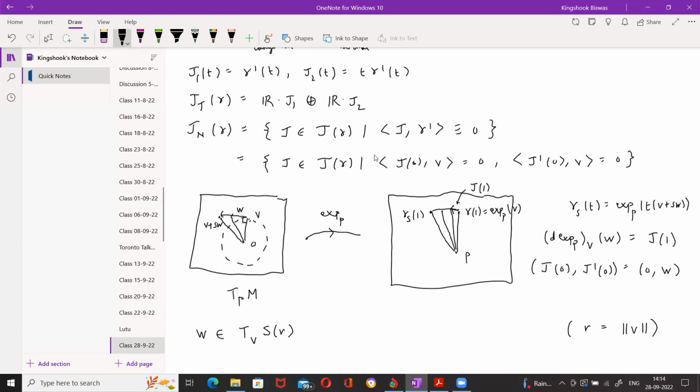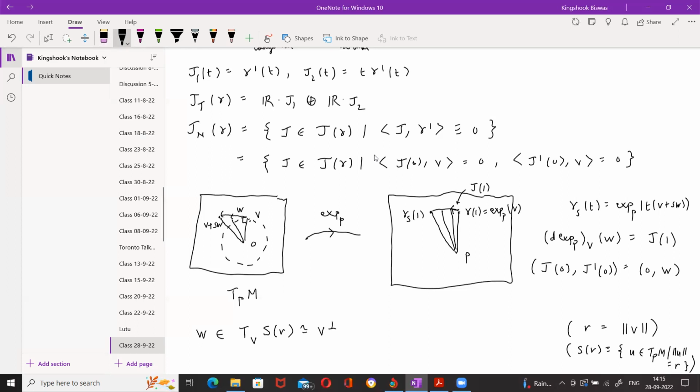Okay, so this sphere of radius r, S_R, is the set of U in T_pM such that norm U is equal to R. So this is a submanifold of the tangent space, and the tangent space to this sphere is identified with V perp, right?